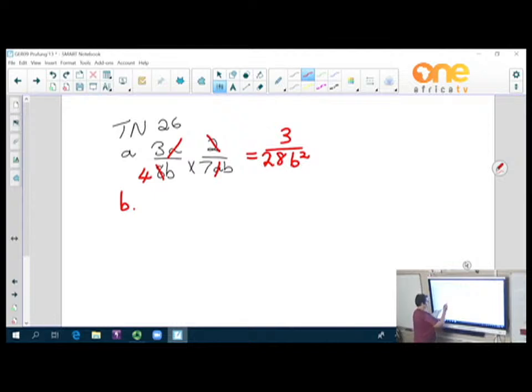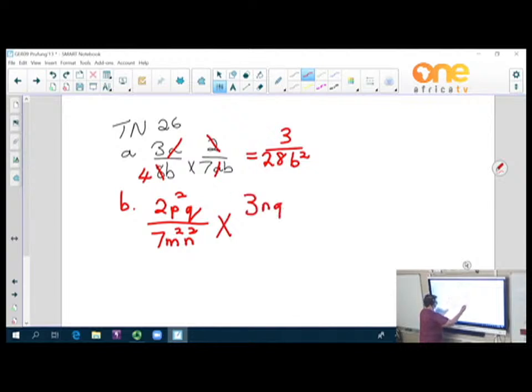Number B, 2p squared q over 7m squared n squared. And I have to multiply that with 3nq over negative 8p squared. So we're looking for first numbers to cancel out. Now here the 2 can divide into the 8 4 times.